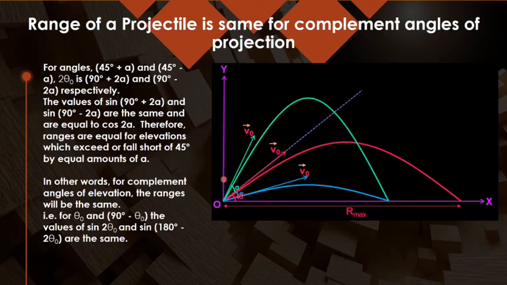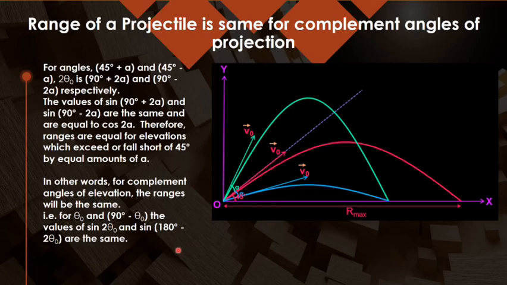If you take angles 45 plus or 45 minus alpha, then 2 theta naught will become the same value. So it means your horizontal range will be the same. Similarly, if you are throwing with theta naught and 90 minus theta naught, again the values of the horizontal ranges come out to be same.